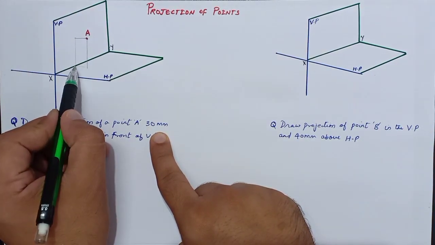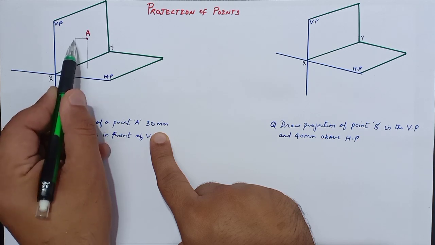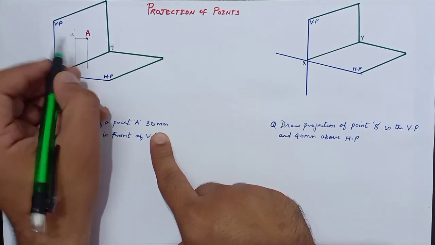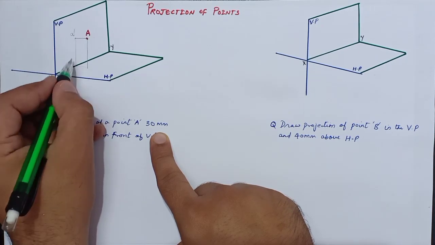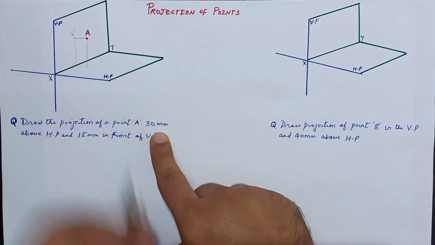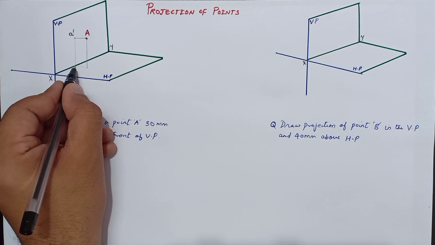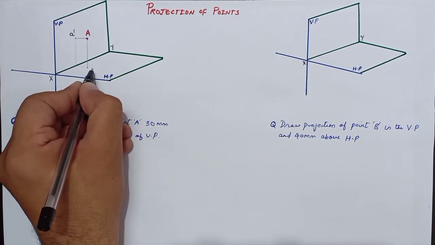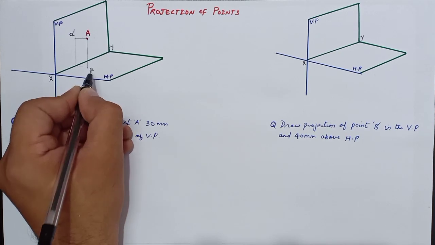So measuring from the reference line above HP, we have a point A dash, at a distance 30 mm above HP and 15 mm in front of VP, that is point A.